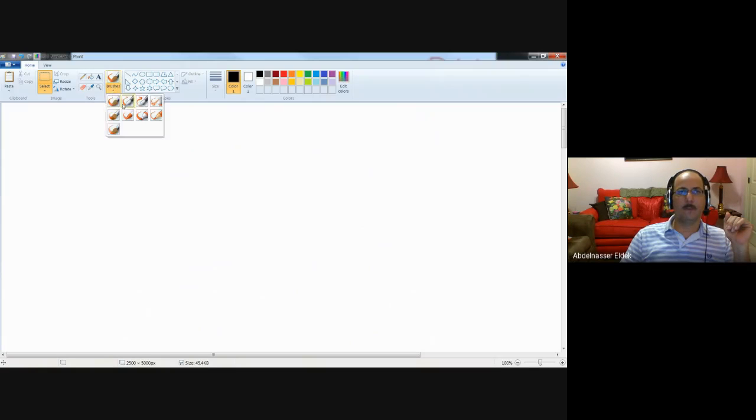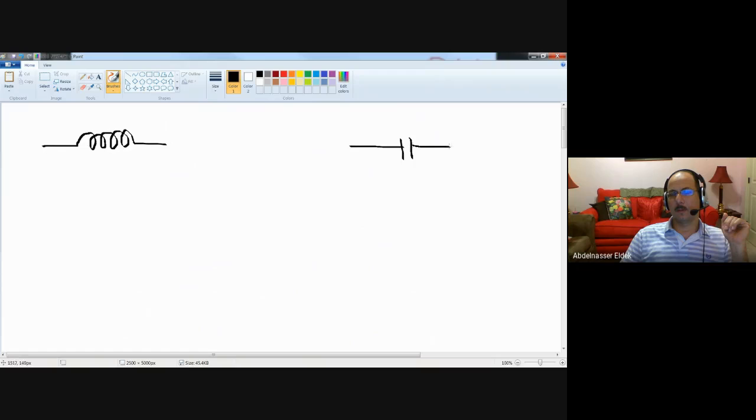So if you want to draw, for example, here's the inductor, and here's the capacitor. Again, the capacitor has a capacitance C, in farad, and the inductor has an inductance L, in Henry.